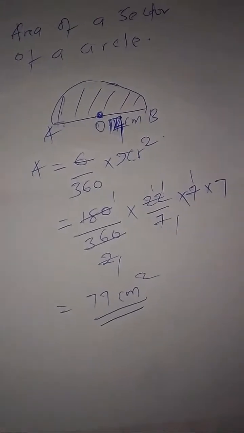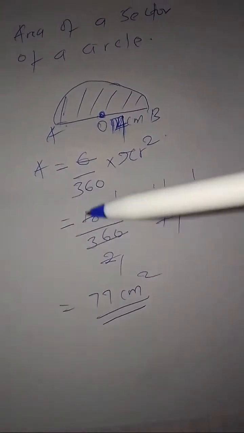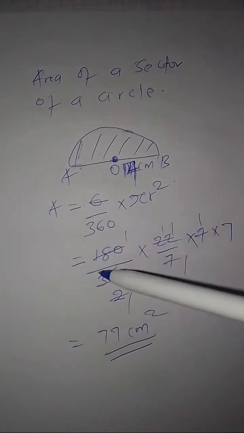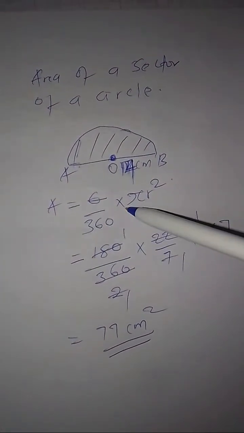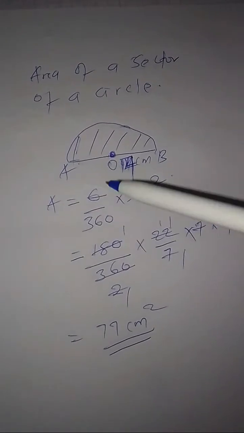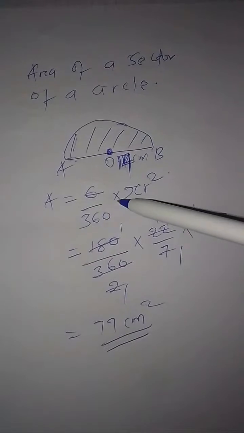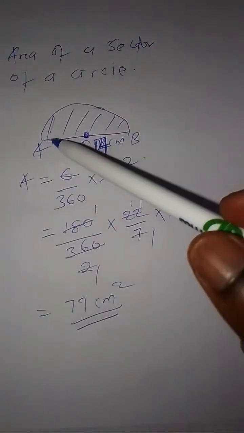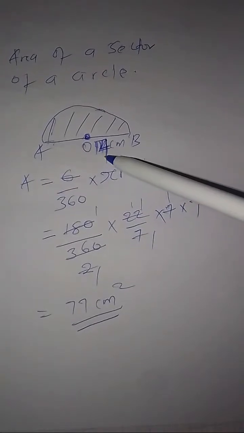So to find the area of a sector, we just take theta over 360 multiplied by pi r squared. I'm repeating, the area of a sector is theta over 360 multiplied by pi r squared. This one is a semicircle that has a diameter of 14.